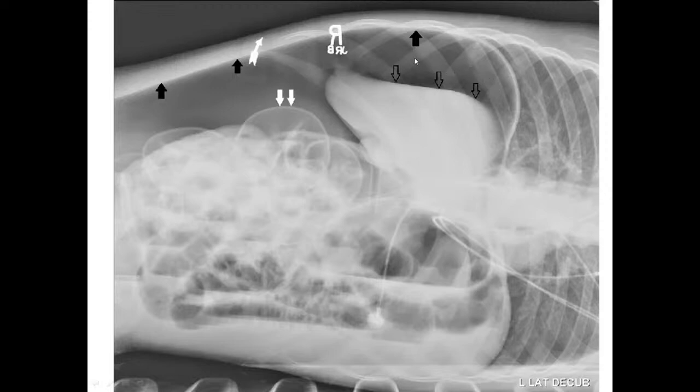Free gas is a sign of rupture of hollow organs, for example the gastric, the bowel, and other hollow organs which contain air. It's free gas in the abdominal cavity.